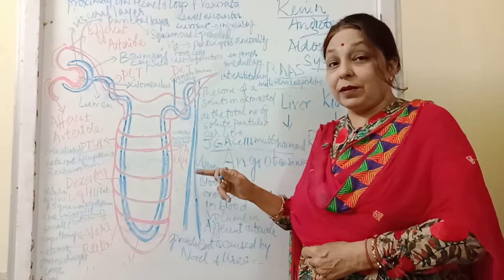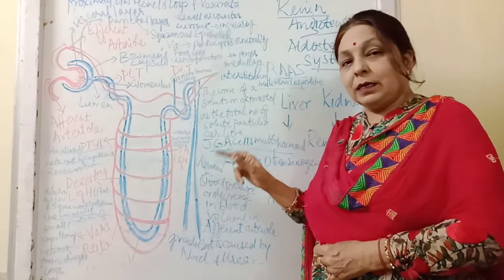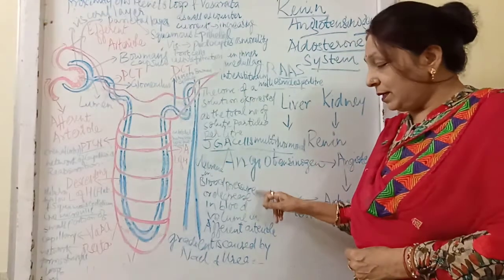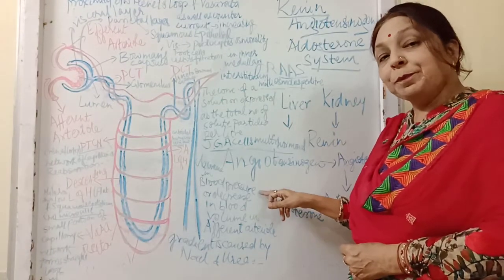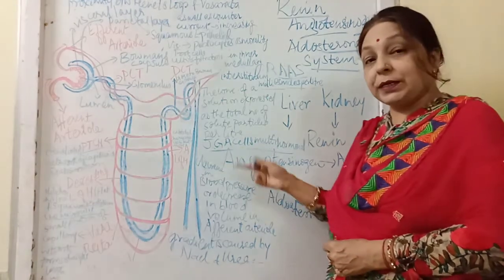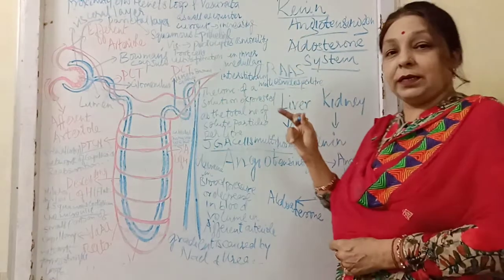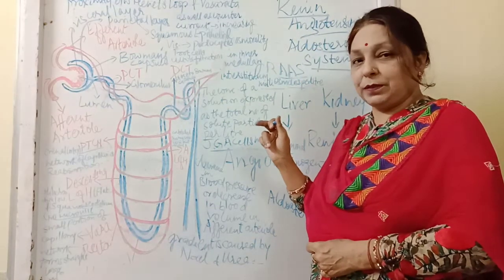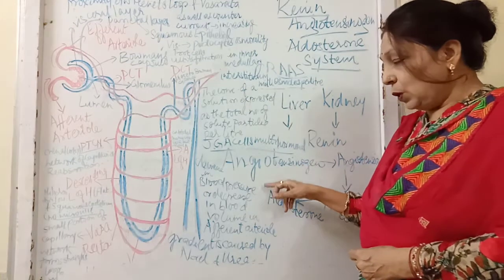It is released from the atrium of the heart. This helps in lowering the blood pressure, and therefore it is showing a good check on the angiotensinogen, and therefore the blood volume is lowered.